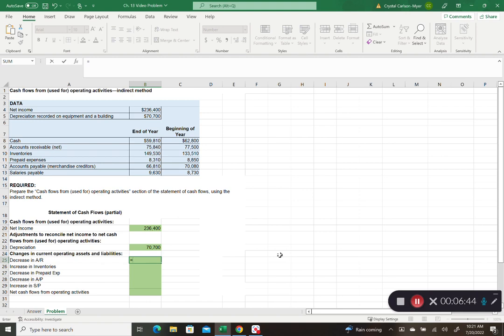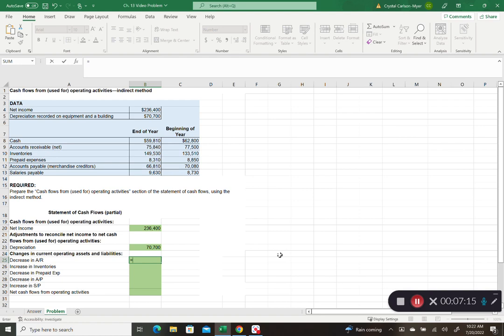Anytime you have a decrease in a current asset, it has the opposite effect on your cash flows. So I always say assets opposite, liabilities same. If I have a decrease in accounts receivable, which is a current asset, it has the opposite effect on my cash flows, so it increases my cash flows. If I have a decrease in liabilities, however, it is the same and it does decrease my cash flows.